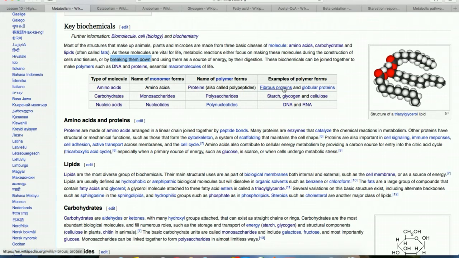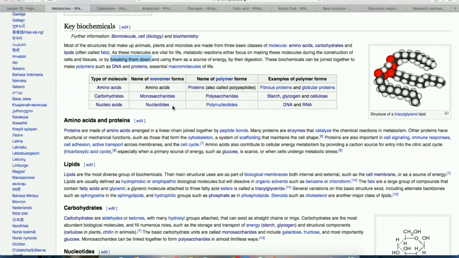I could follow more of these links to look into that. Polysaccharides: starch, glycogen, and cellulose. I remember that we talked about plants, how they form starch and cellulose, but I don't know much about glycogen. We talked about glucose, but not glycogen. So we can look into that also.